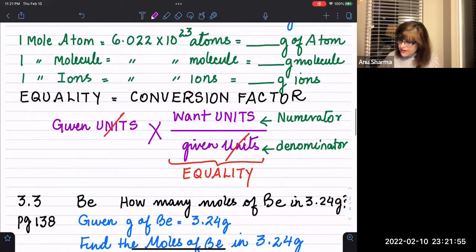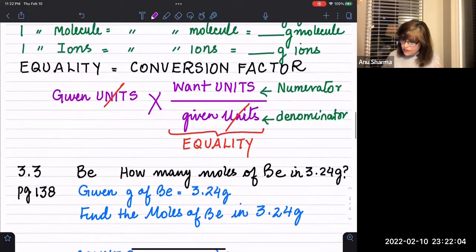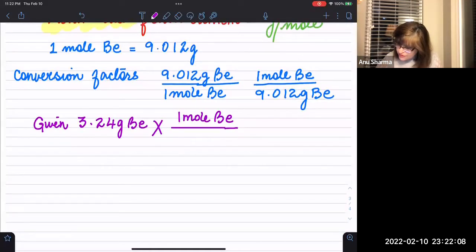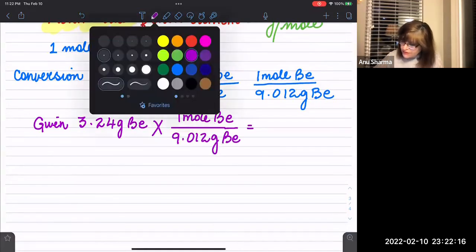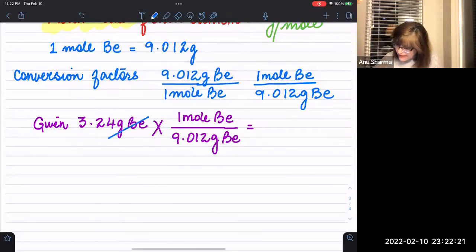Remember, the unit that you want goes on top, and the unit given in the equality that you want to cancel out stays in the denominator. We want to get rid of the gram, so this is the molar mass, just flipped. The grams of beryllium cancel out, and you are just left with the unit of moles of beryllium.